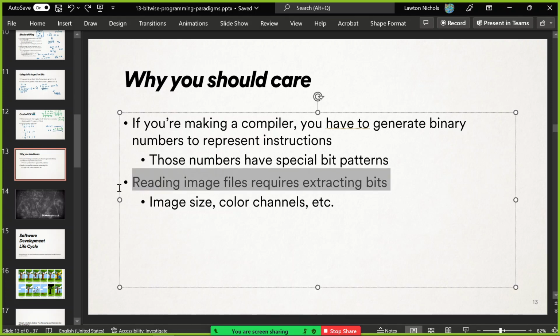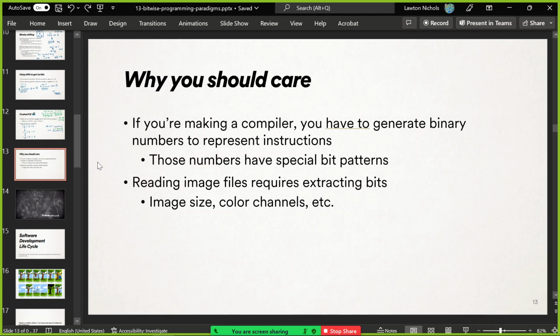And then also, if you have an image, all of your image files, if you want to read those, not the cute text-based example that I showed you in class, but a JPEG, for example, that is binary encoded in a very special way. The first few bytes have a header for the file that tells you how wide and how tall the JPEG image is, and it tells you what colors are inside of it, and then it gets to the actual pixels that you can then go and extract.